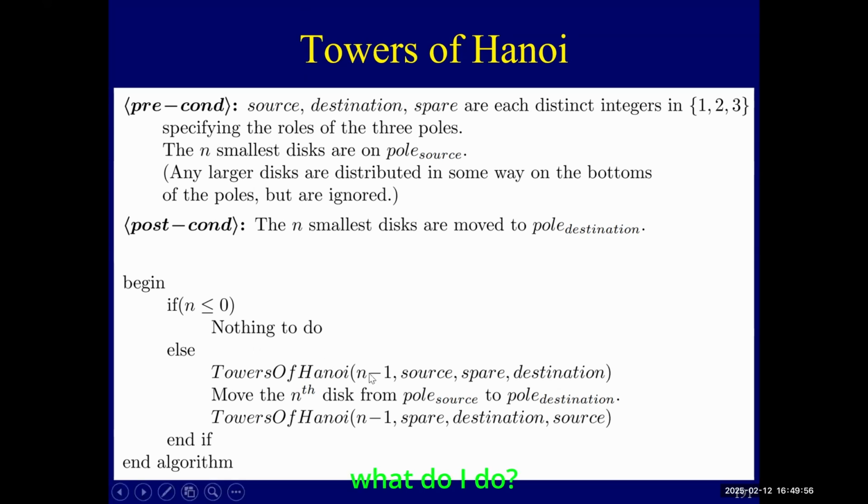Otherwise, what do I do? I get my friend to move n-1 disks from the source to the spare, right? And then I move the n-th disk from the source to the destination. And then my friend moves n-1 disks from the spare to the destination. Right? Does that make sense? That's the code.